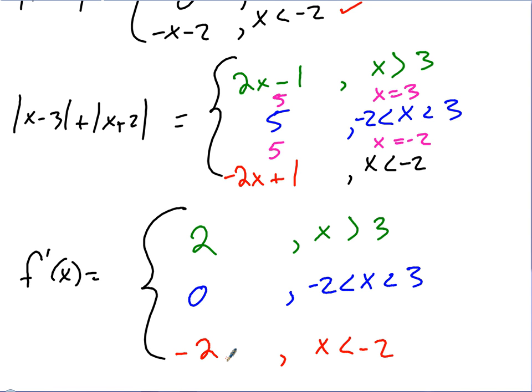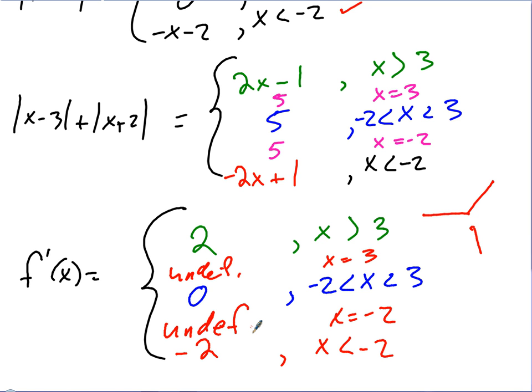When you get sudden transitions of the derivative like that, it always is going to look like something like this, where it's got that sharp corner. And what do we know about sharp corners, of course? Undefined. Yeah, it's undefined. So the derivative is undefined here. So those are critical numbers, aren't they? Right? It's undefined at 3 and at -2. Does that make sense?